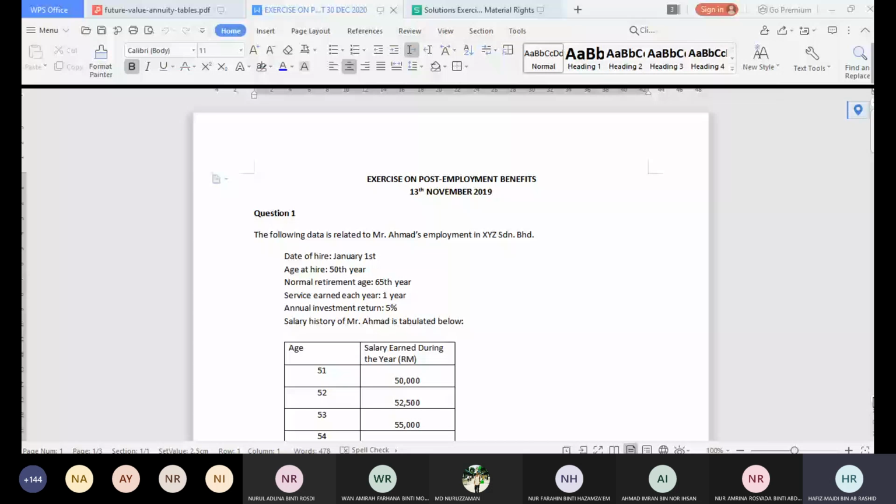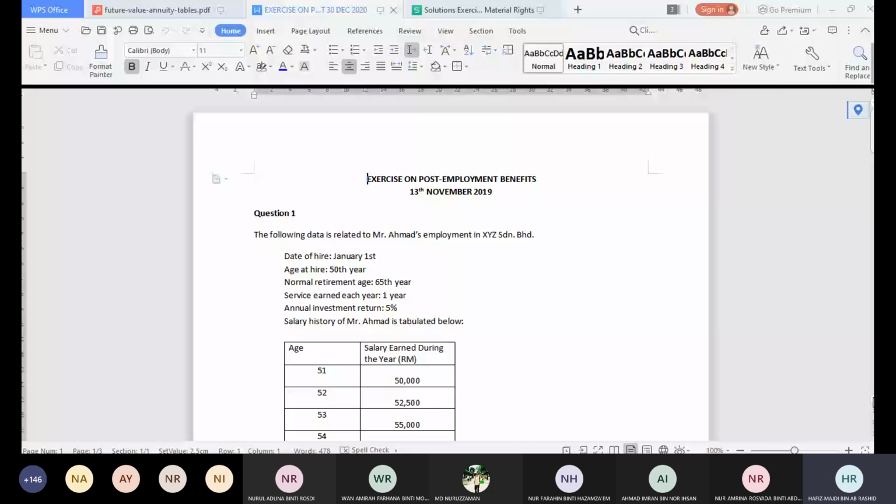We have discussed previously, when we talk about benefit plans, that most of the time the company would make some contribution to ensure that whenever they need to pay their employees the benefits, they will have adequate funds.